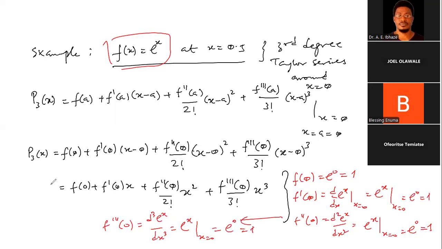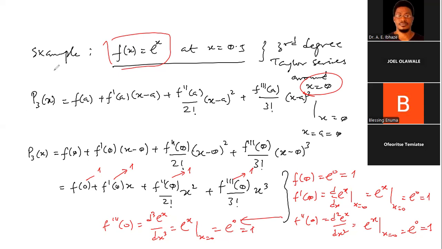So it means that the function is 1, the first derivative is equally 1, the second derivative is 1, and the third derivative is 1 at x being the same as 0, because the truncation is around x being the same as 0. So once we substitute 1 into this expression, we're going to have the function to be the same as 1 plus x squared plus x cubed.